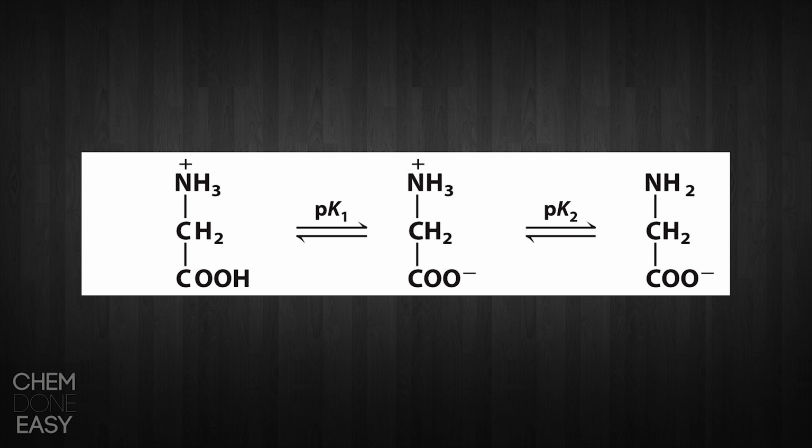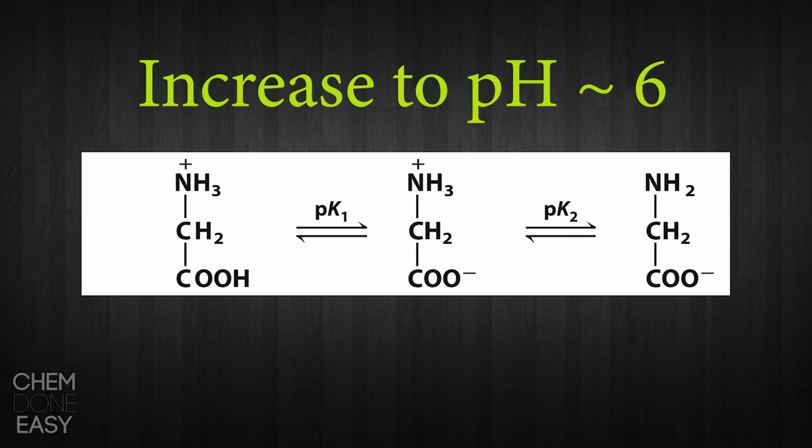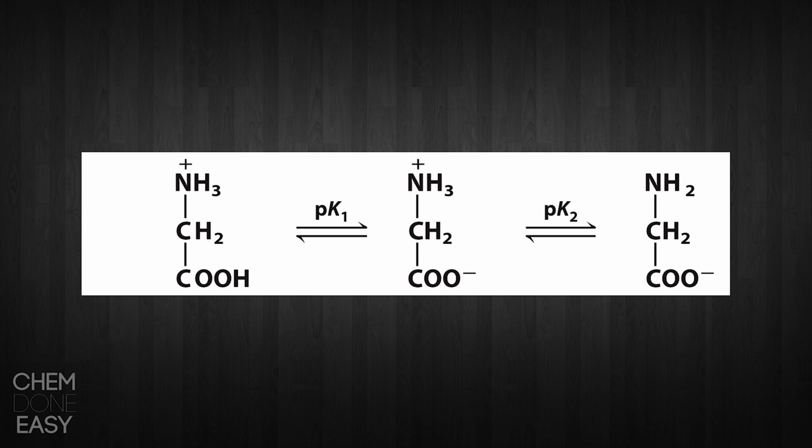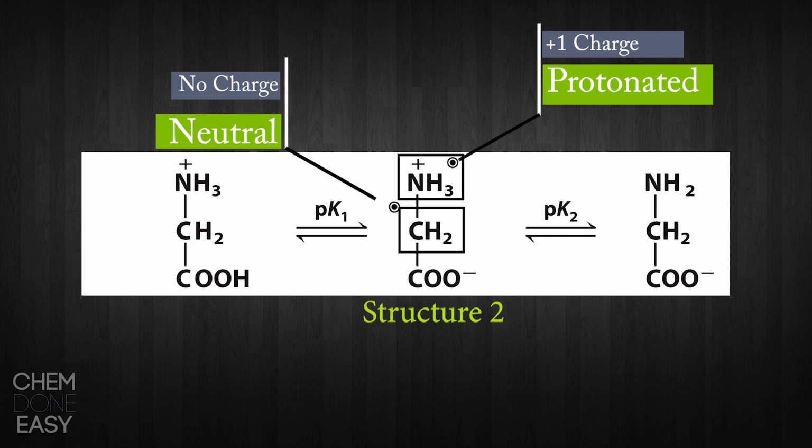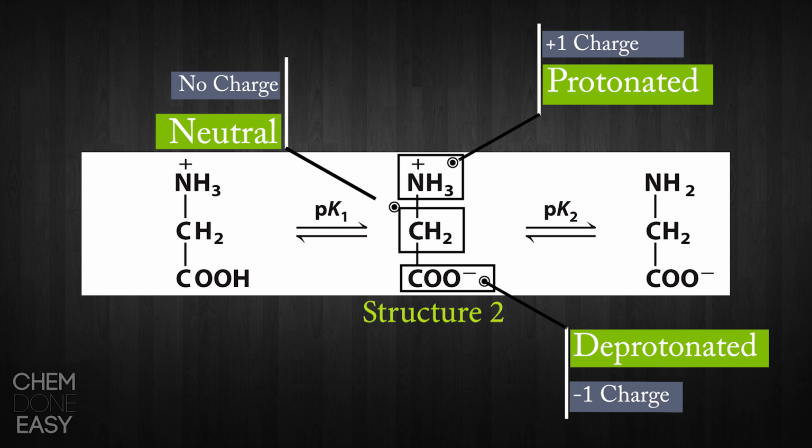Now, as we add some base and increase our pH, we can see that our glycine molecule begins to change, so that the carboxyl group has now been deprotonated. So now if we look at the overall charge of our amino acid, we can see that the amino group is +1, our methyl group is neutral, but now our carboxyl group has a negative charge.